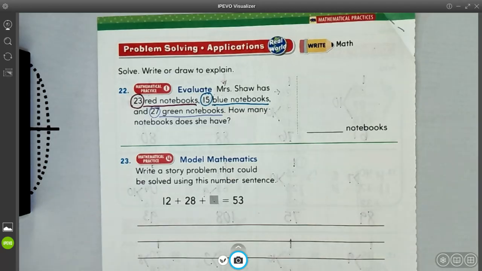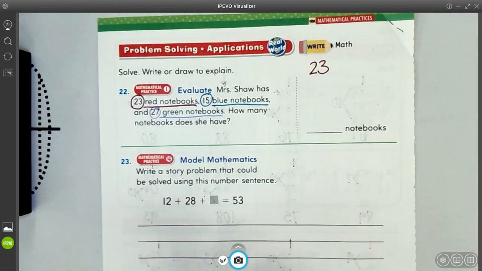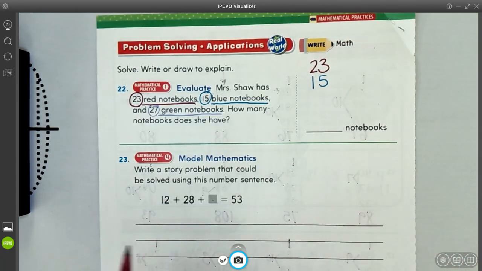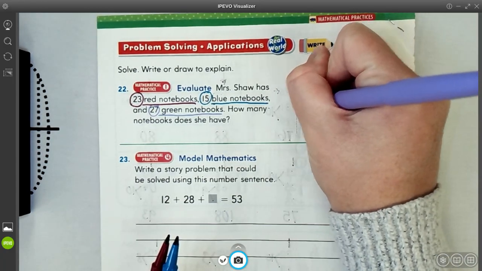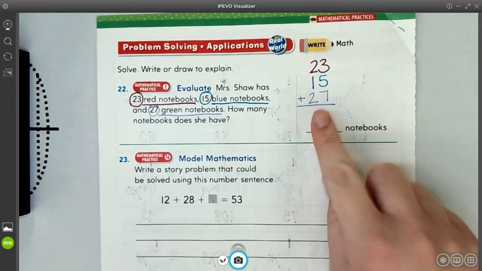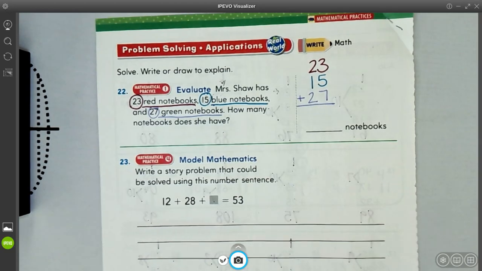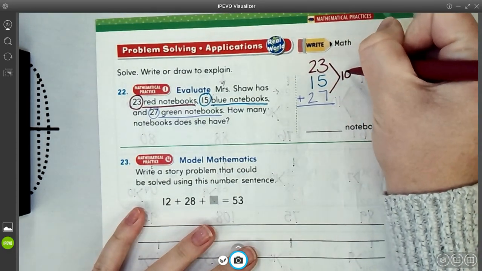Good job, second graders. So we have the 23 red notebooks plus 15 blue notebooks plus 27 green notebooks. I don't have my green pen, so they're purple. Okay, so the first thing we need to do is add up our ones place. 3 plus 5 plus 7. 3 plus 7 would give me 10.